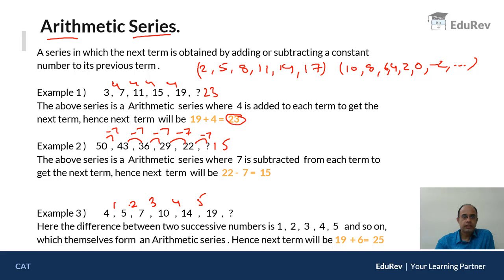Arithmetic progression series. Here we are adding 1 to get the next difference. 5 plus 1, 6 would be the next difference, not the next term. Hence, 19 plus 6 would be 25. Therefore, the next term would be 25.